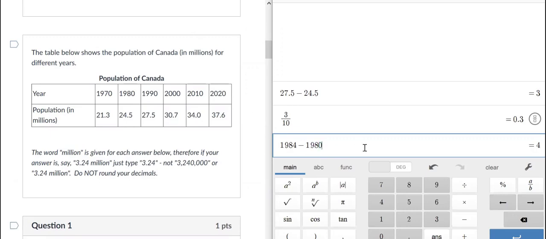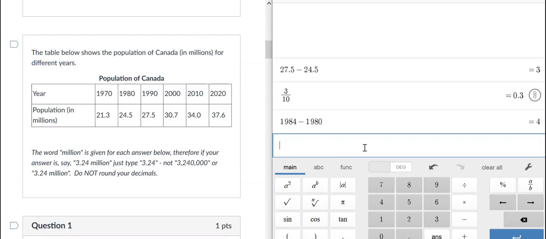And the population is increased at an average of 0.3 each year. So what I do is I take my 0.3 million per year increase, I multiply that by 4, and I get an increase of 1.2 million over the 4 years, on average. And so 1980 was 24.5, 1990 was 27.5.